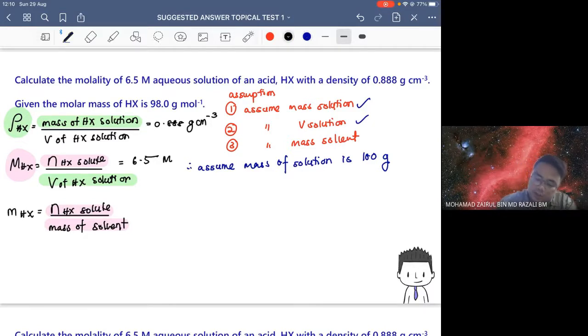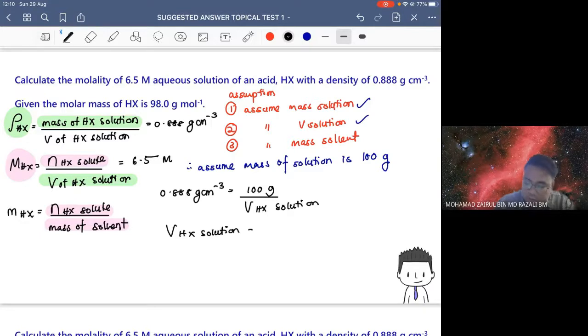Okay, so saya guna density, so 0.888 gram per centimeter cube equal to mass solution saya assume adalah 100 gram divided by the volume of HX solution. So basically kalau awak kira the volume of HX solution yang awak akan dapat adalah 112.6126 centimeter cube. So awak boleh dapat ini.